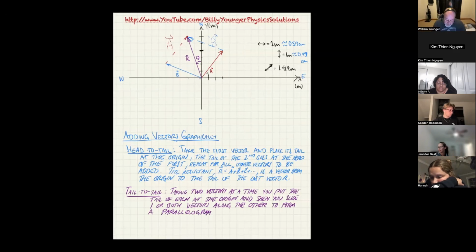So you can see the dashed lines along with the original red vector and blue vector actually make a parallelogram. Opposite sides are parallel. Okay, so taking two vectors at a time, you put the tail of each at the origin, and then you slide one or both vectors along the other to form a parallelogram.